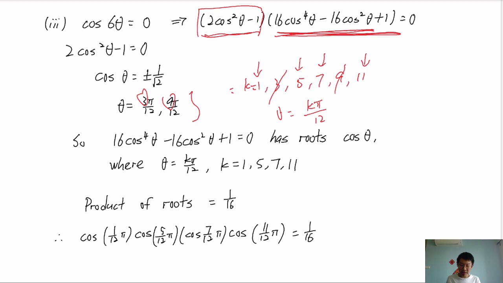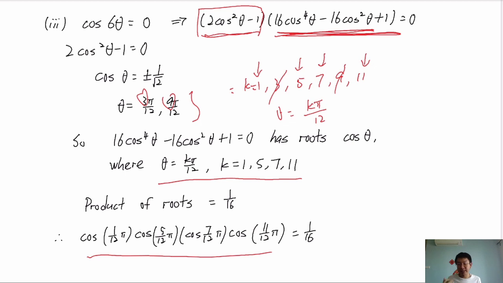Okay, so this is why the roots for all this will be cos of k pi over 12. And lastly, how do we prove this one? This is basically the product of all the roots, alpha, beta, gamma, delta.